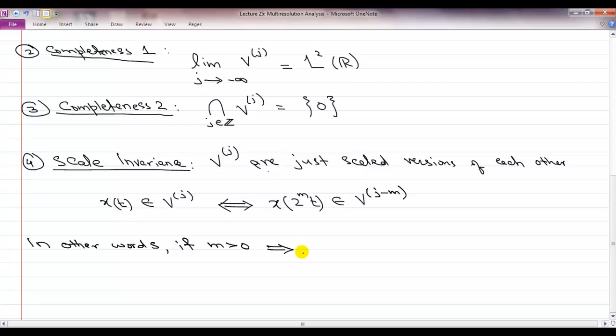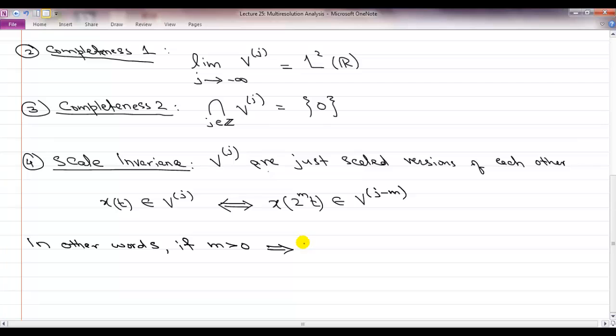Okay, it's like we had a big doll and we compressed it to a smaller doll. It's a finer version of the bigger piece, right? If m is greater than 0. And what this then says is that that finer version has to live in another subspace, which is V of j minus m.